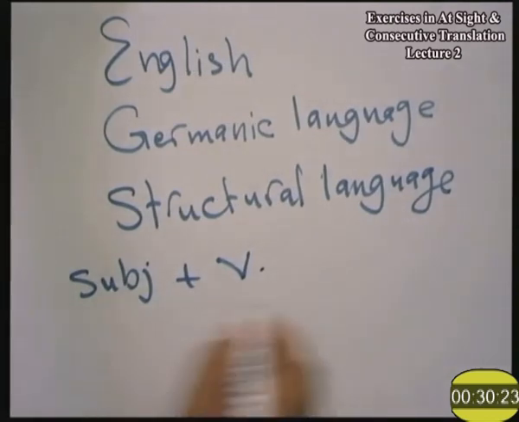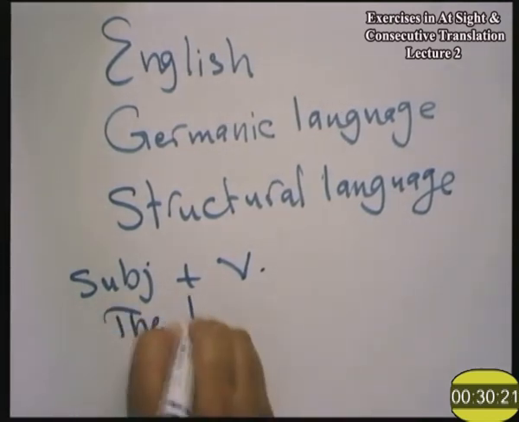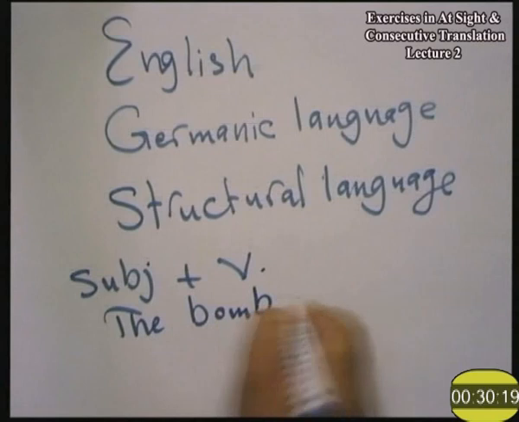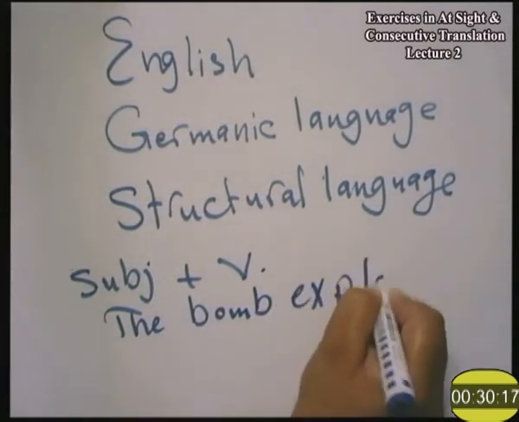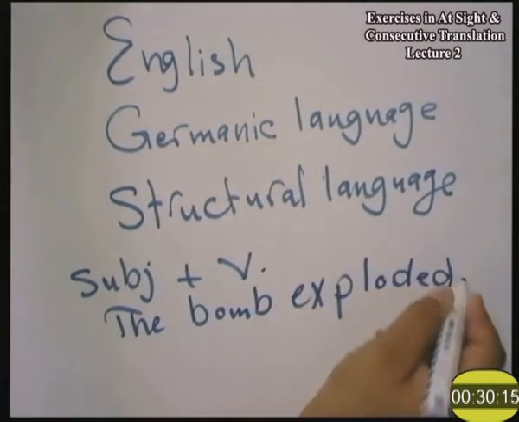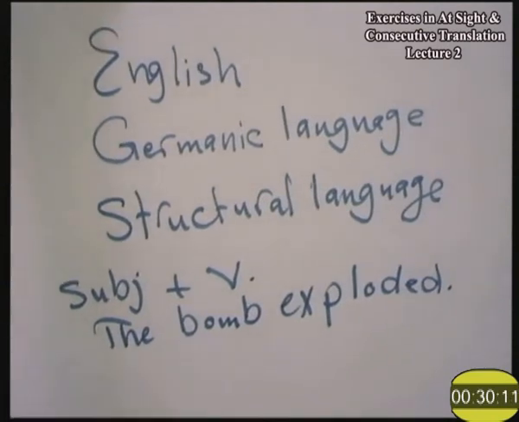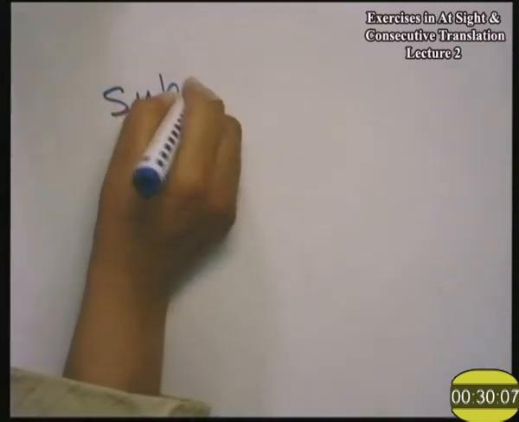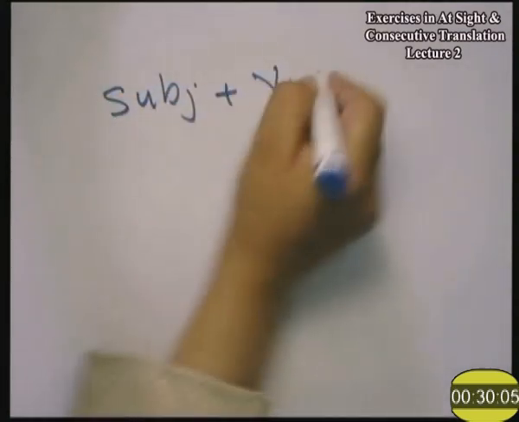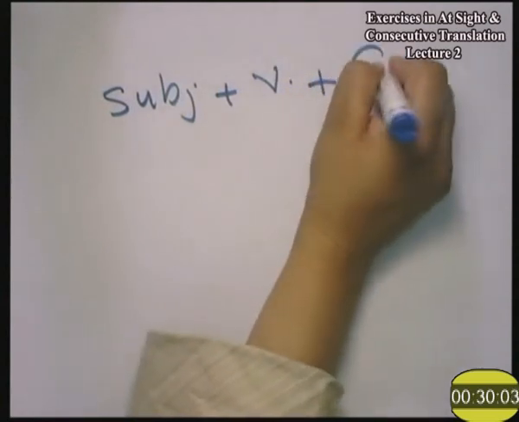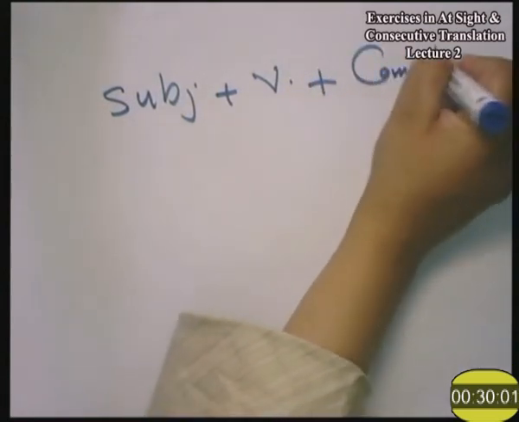Like, for instance, the bomb exploded. Now this is a complete sentence. Or we can add and say subject, verb, and then complement, that is something to complete the meaning.